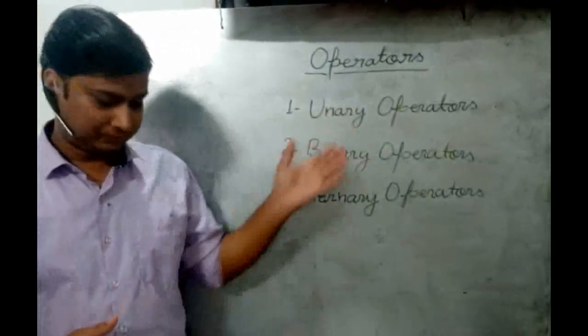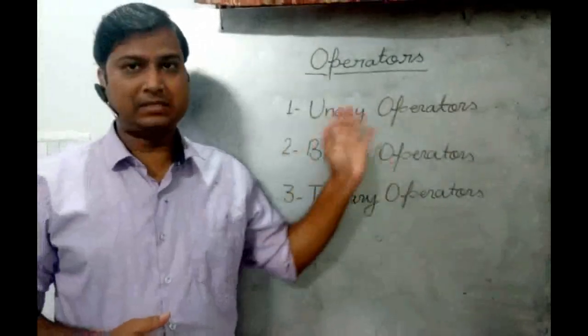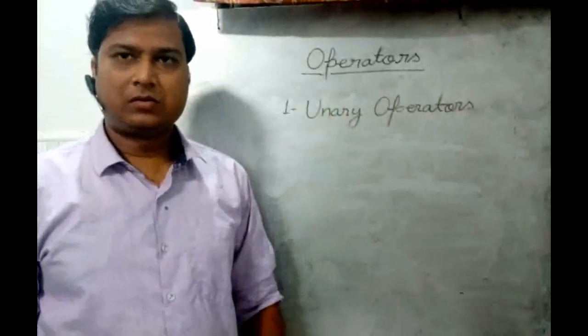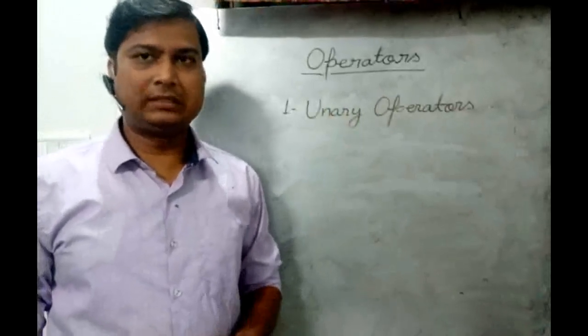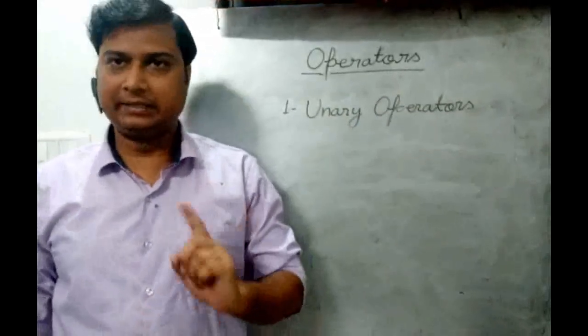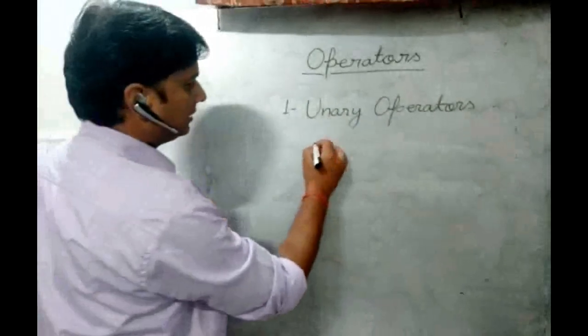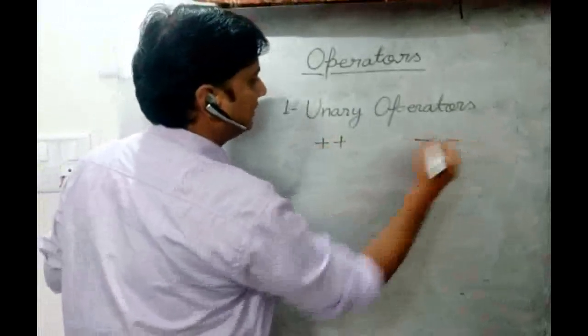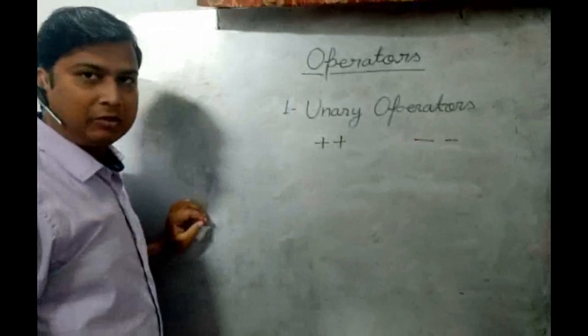Here, with the help of examples, I am going to explain the unary operator. As you know, there are two different types of unary operator: the increment operator and the decrement operator. This plus plus is the sign of the increment operator, and this minus minus is the sign of the decrement operator.